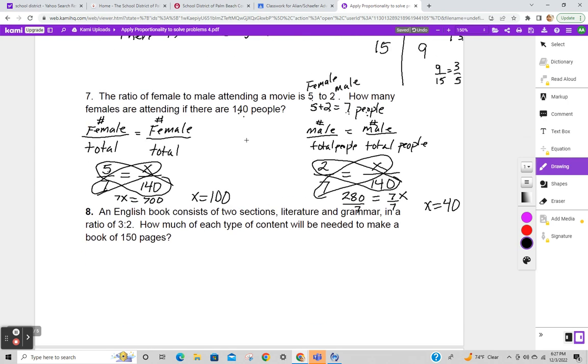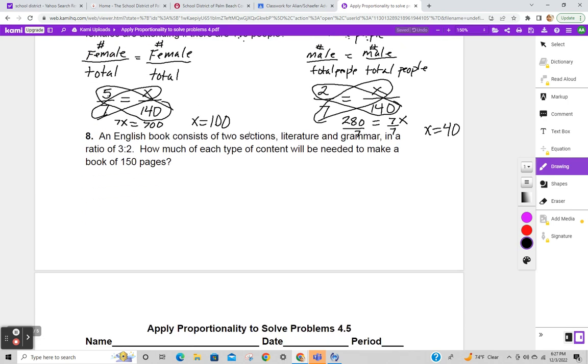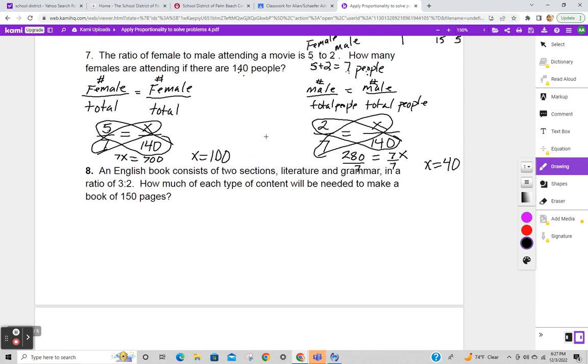All right, let's go ahead and go to number 8. You're going to write two proportions for number 8, just like we did number 7, because there's different parts. You have the literature and the grammar here. All right, let's look at this problem. An English book consists of 2 sections, literature and grammar, in a ratio of 3:2. How much of each type of content will be needed to make the book of 150 pages?